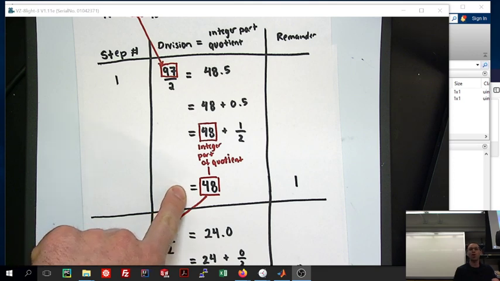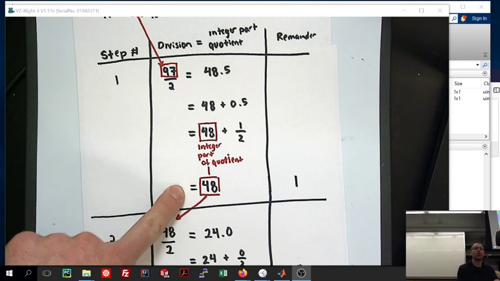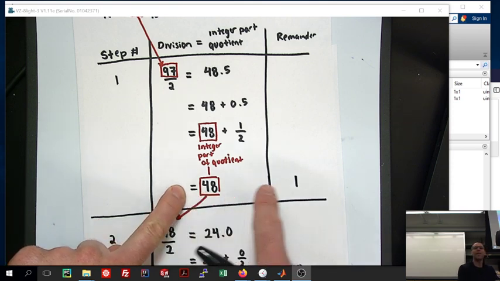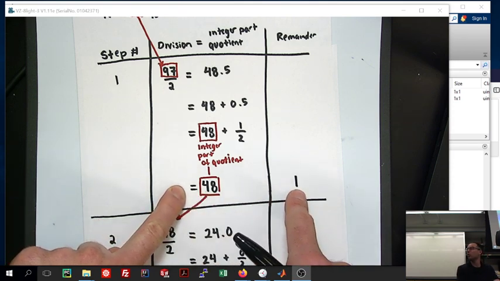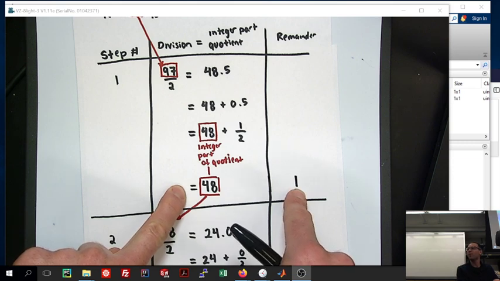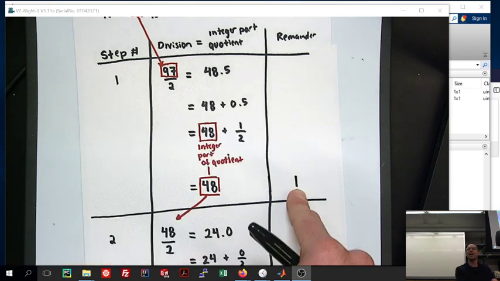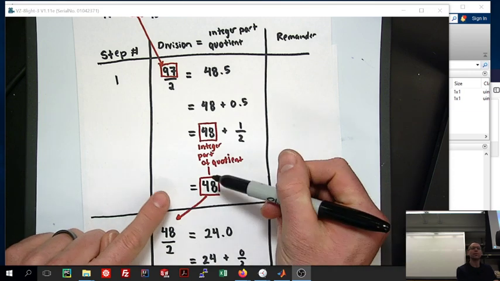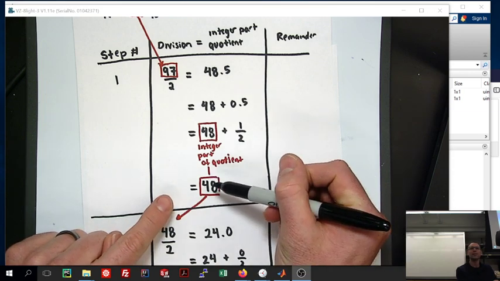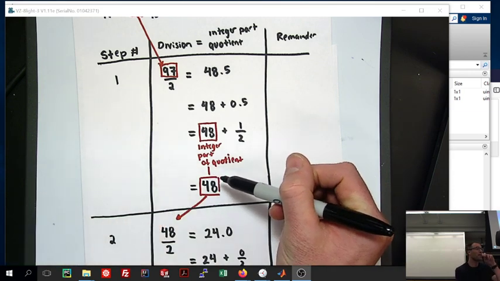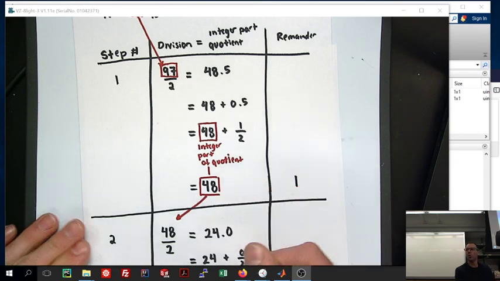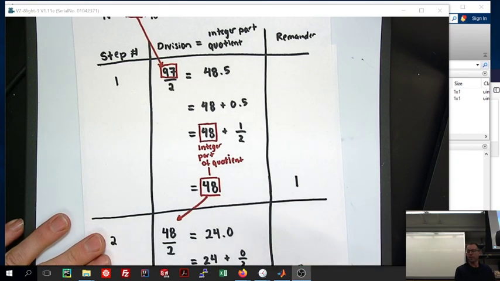The integer part of the quotient. So I track the integer part of the quotient, and then the remainder, what's left over, I track as a separate bit, right? To go on to the next step, what do I do? Take the integer part from the step before it, put it in the numerator, divide by 2.